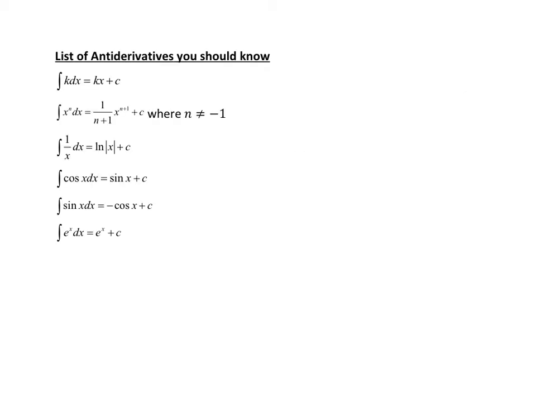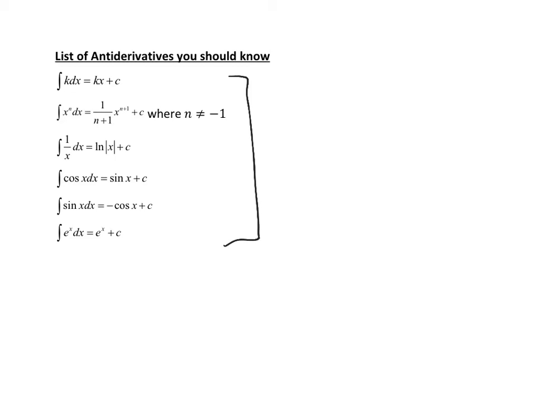We have a list of common antiderivatives, and this is something you should know. If you have not been printing out your notes, I would definitely say this is a good page to print out because you're going to want this list of rules. And so if we just briefly talk through them, if you want to find the general antiderivative of just a number, it's actually that number times x plus c.